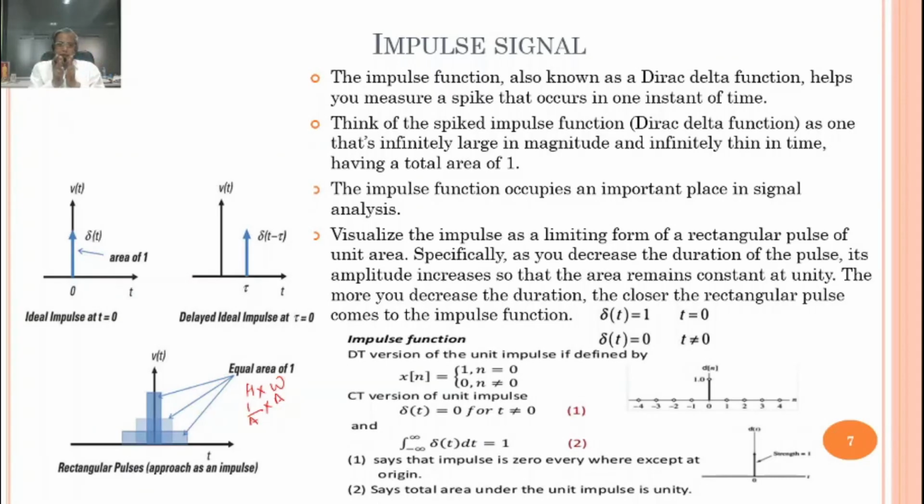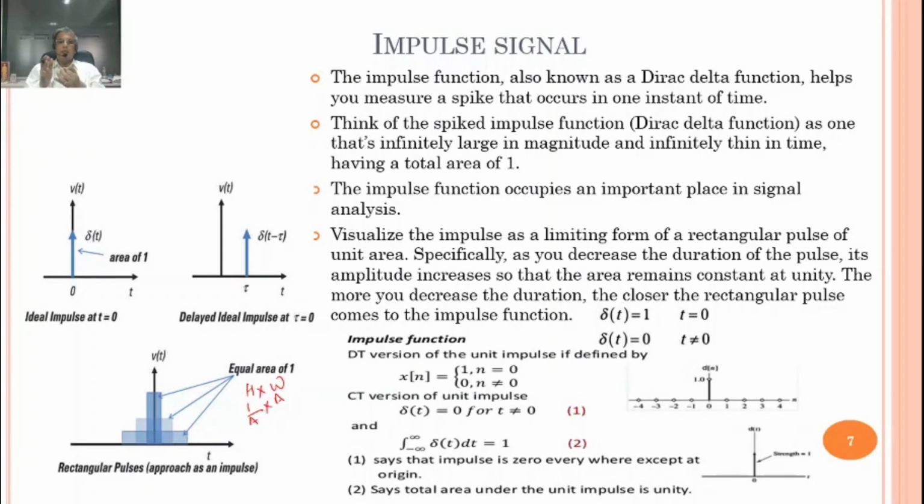Again decrease the width of that signal, height will be more. Decrease width, height will be more, and area remains the same. Now the more you decrease the duration, the closer the rectangular pulse comes to the impulse function.